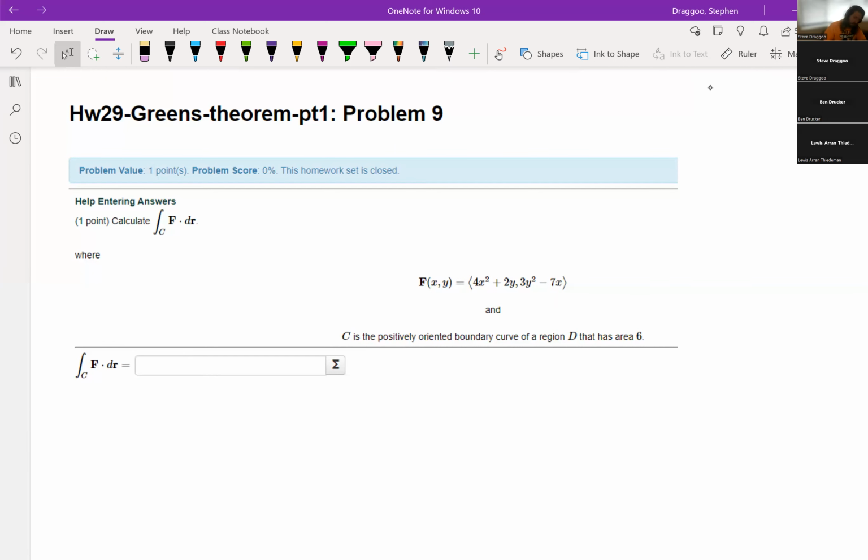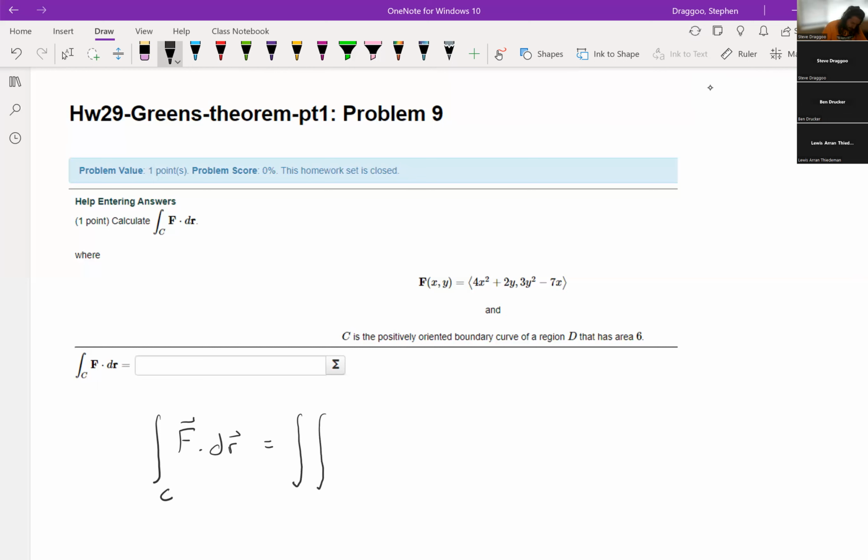So the statement of Green's theorem says that as long as the curve C is the closed boundary curve of a region D, I can switch the line integral over to a double integral instead. The line integral of f dot dr is being dotted with its parallel vector, meaning we're using part one of Green's theorem.